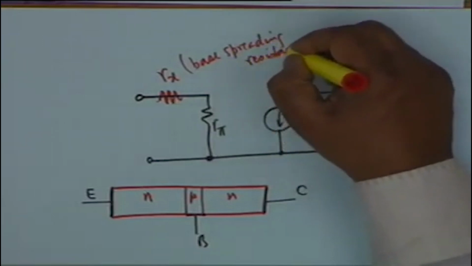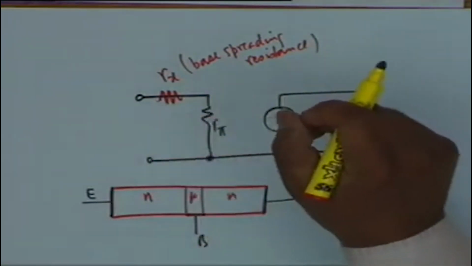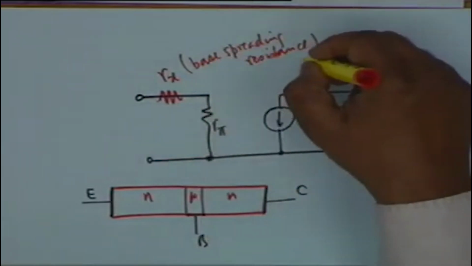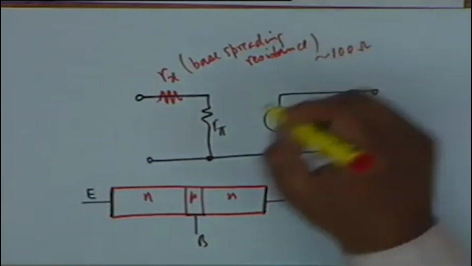This happens because of the thin and long nature of the base. A typical value is of the order of 100 ohm.